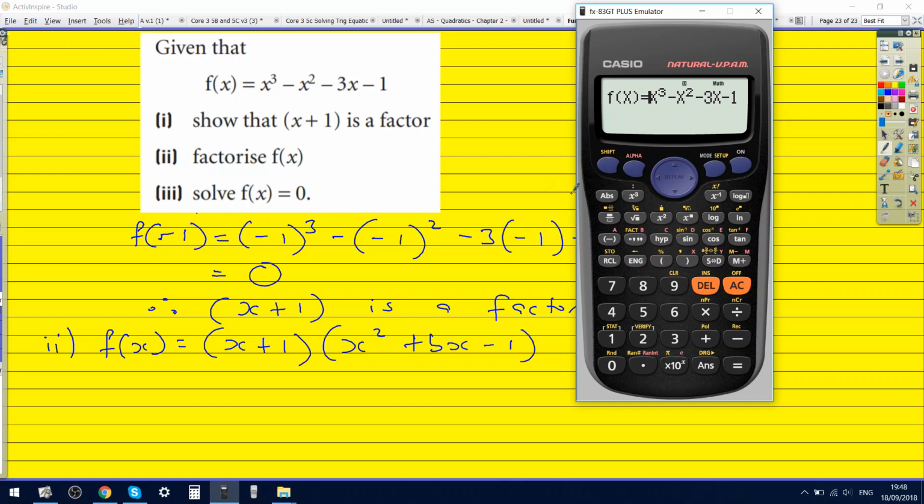Yeah, so x cubed minus x squared minus 3x minus 1. We'll start at minus 10, end at 10, steps of 1. We get a table of values here.